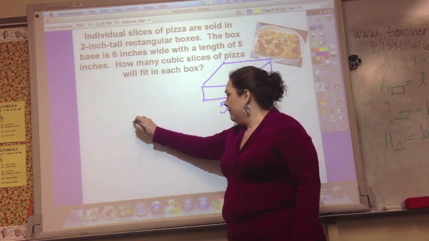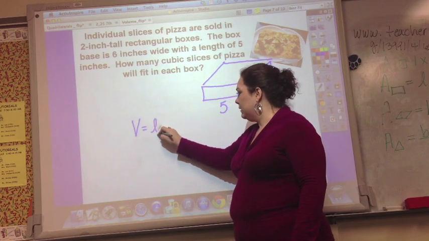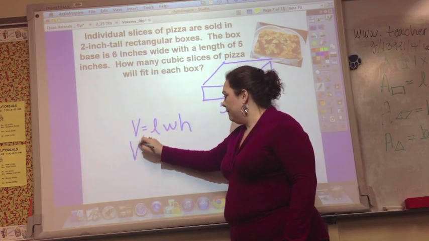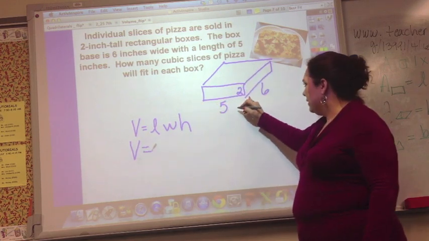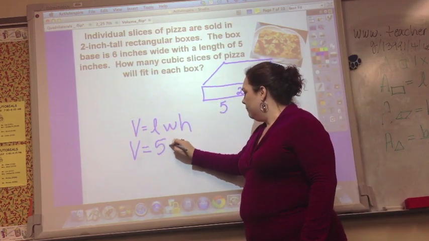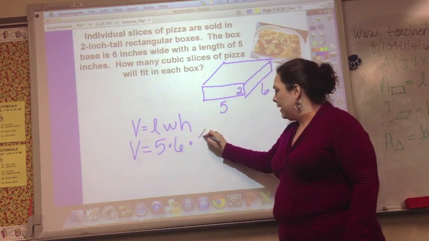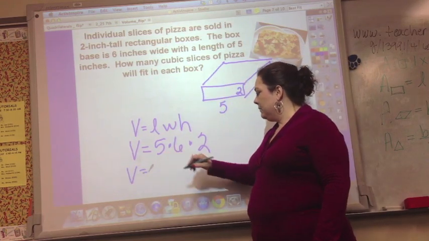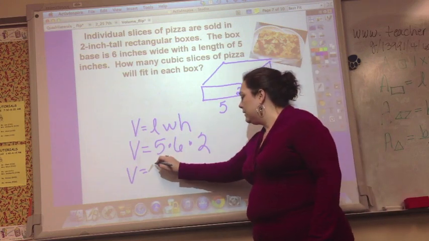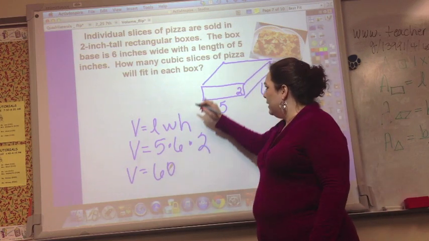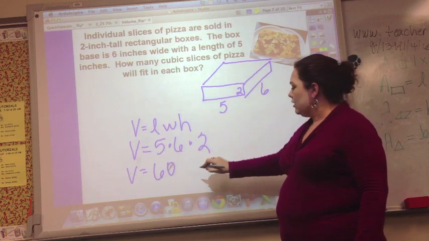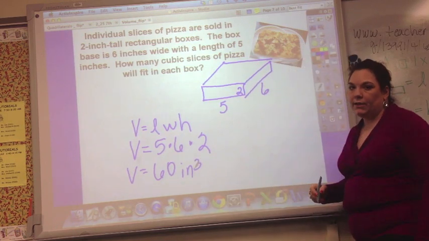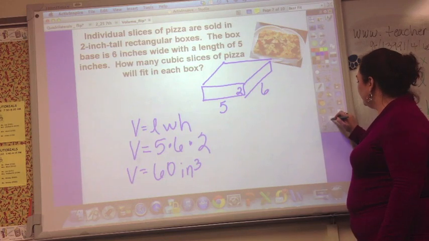So my formula for volume is length times width times height. My volume equals, my length is 5, my width is 6, my height is 2. So my volume is 5 times 6 is 30, times 2 is 60, and it's in inches cubed. And that's the way you would solve a word problem.